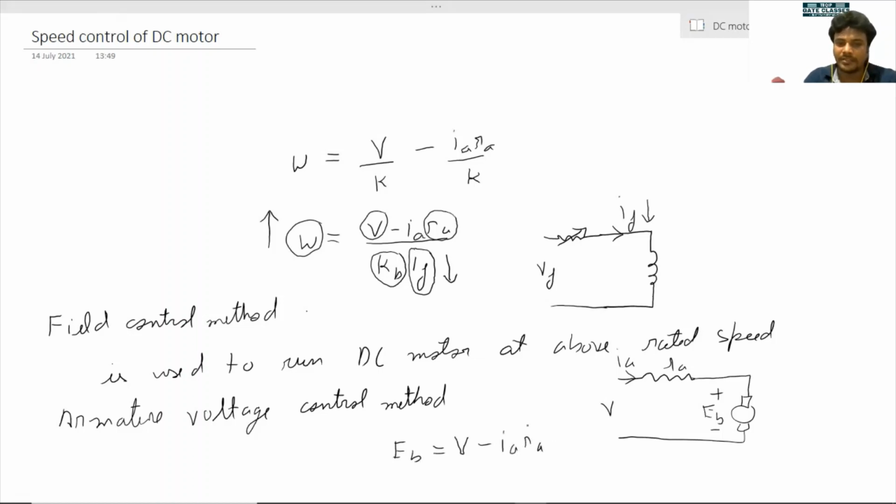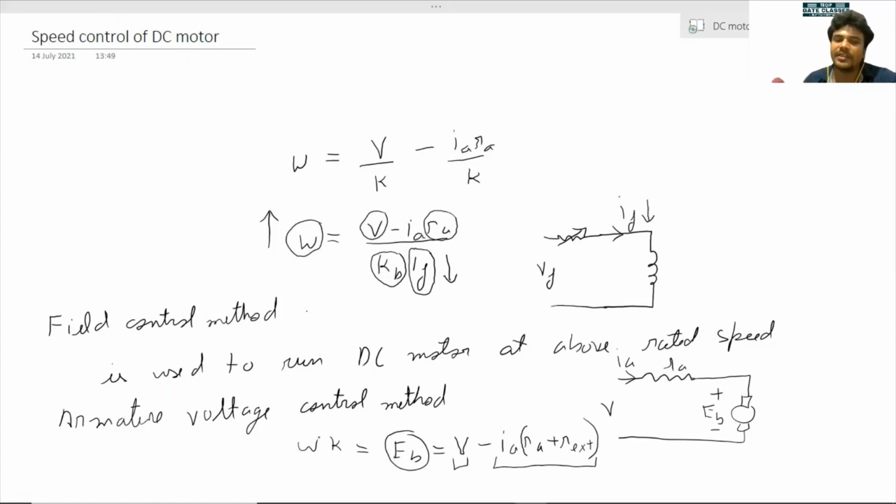So let us add one extra resistance in series. What will happen? The drop across the resistance will increase. V is constant. So EB will vary. And as you know, EB is K into omega. So by increasing your resistance, you are decreasing EB.